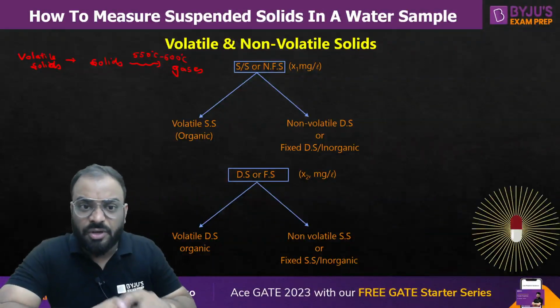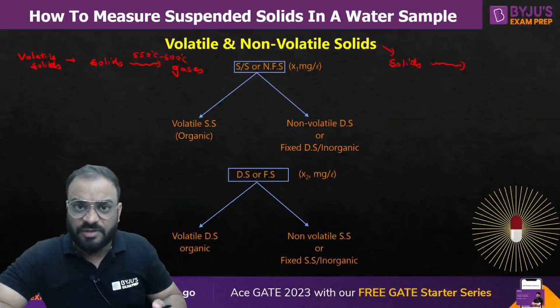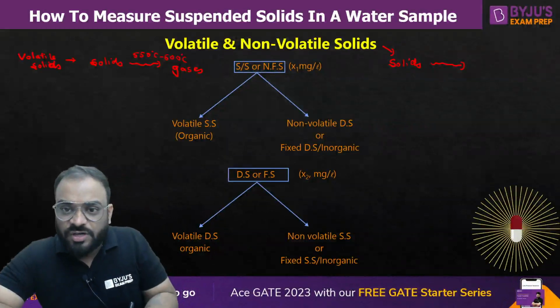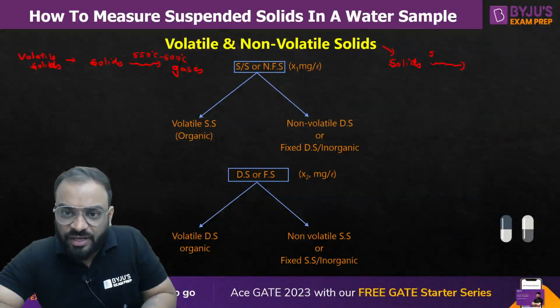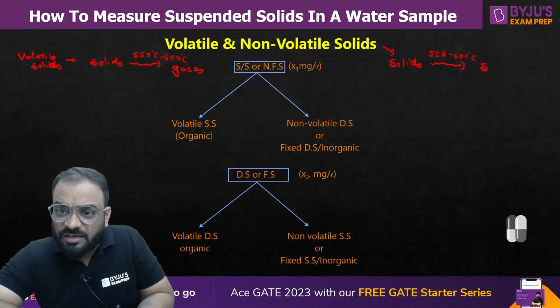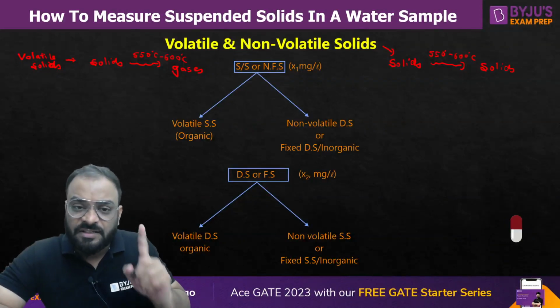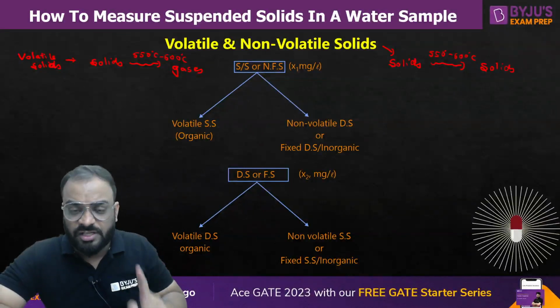But if we talk about the non-volatile solid, these are the solids which will not change their state. If you increase the temperature, they will remain as a solid itself. They will not change their state. So guys, let us suppose you have 550 to 600 degrees centigrade of temperature, but still they are not changing their state. That means they are still solid over here. That means these solids are non-volatile solid.